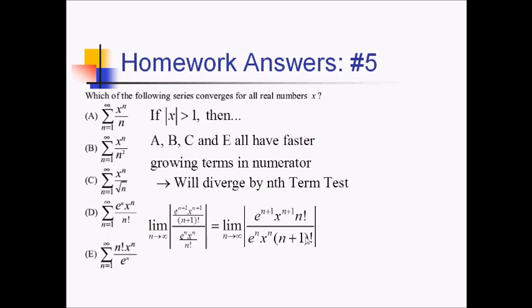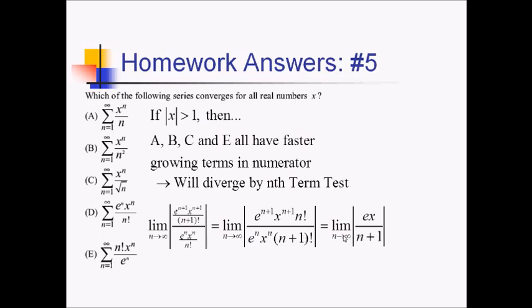Doing a little reducing. In my numerator, after I reduce these exponents by subtracting the n's from the n plus 1s, I have e and x. In the denominator, I can cancel out an n factorial with the first n factorials of this n plus 1 factorial. That leaves me with just an n plus 1.